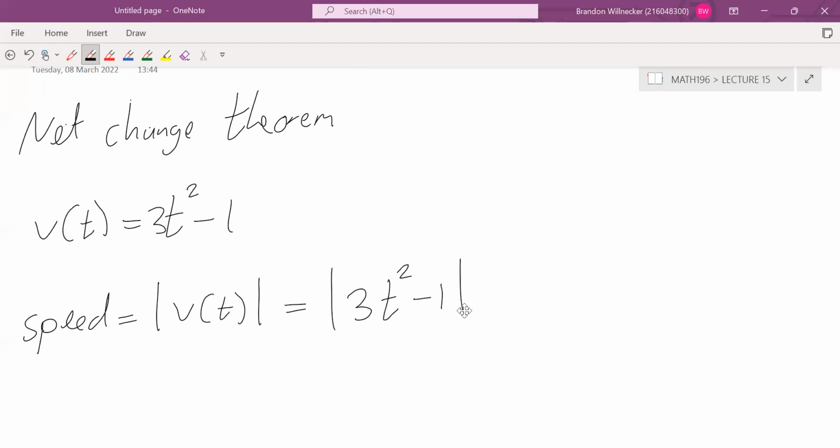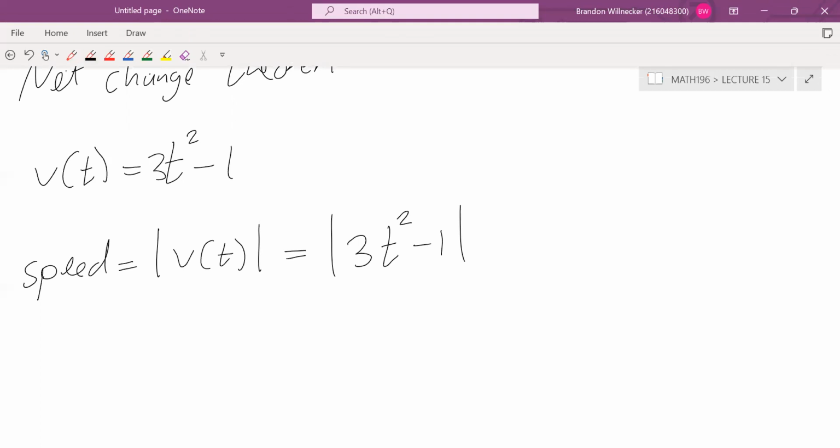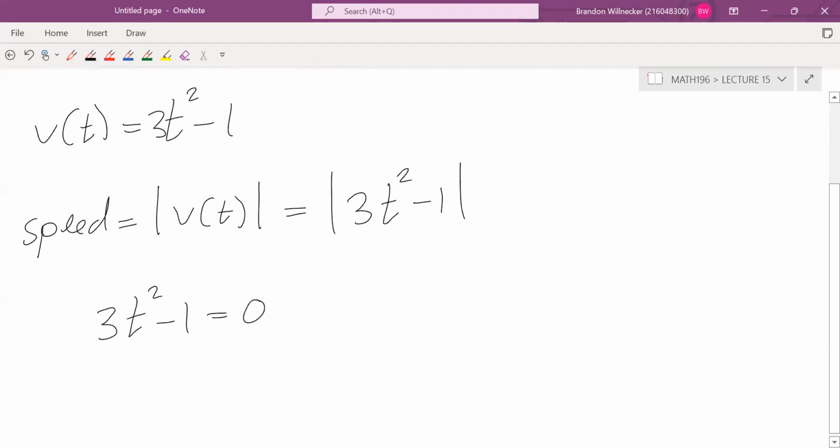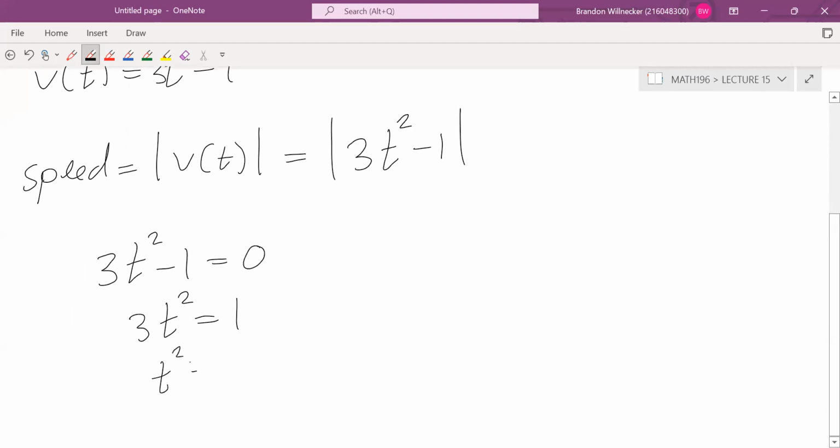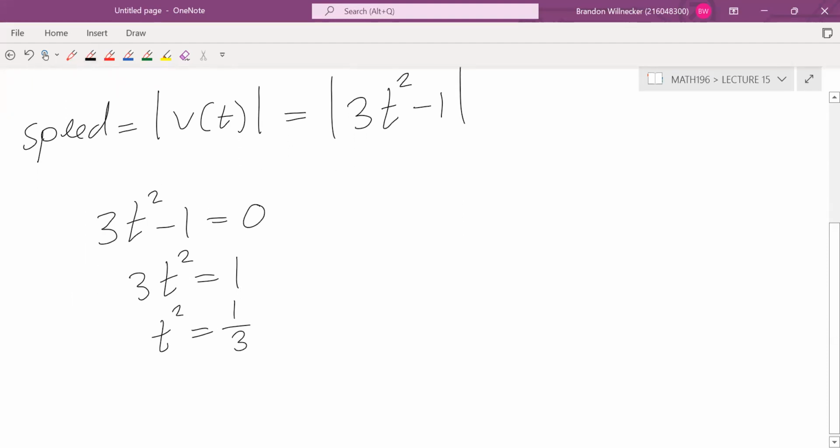Okay, so to find the absolute value of something, we need to know where it is positive and where it is negative. So let's find that out quick. So we're going to have 3t squared minus 1 is equal to 0. So 3t squared is equal to 1. T squared is equal to 1/3.